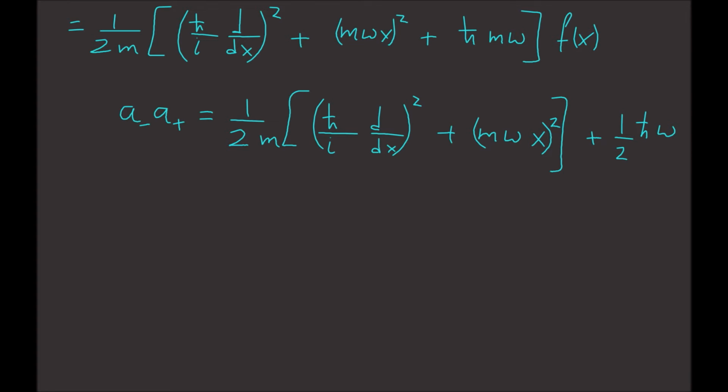Okay, so now here comes the trick. What is this part here? This piece here is the Hamiltonian, right? This is H, the Hamiltonian for the harmonic oscillator. So the Hamiltonian can be written as A minus A plus, take this piece, move it over there, minus 1/2 h bar omega.